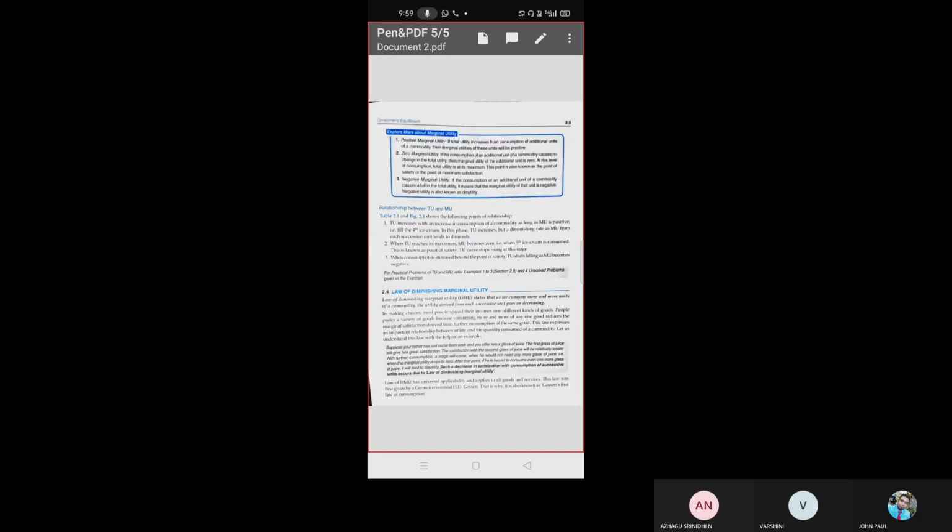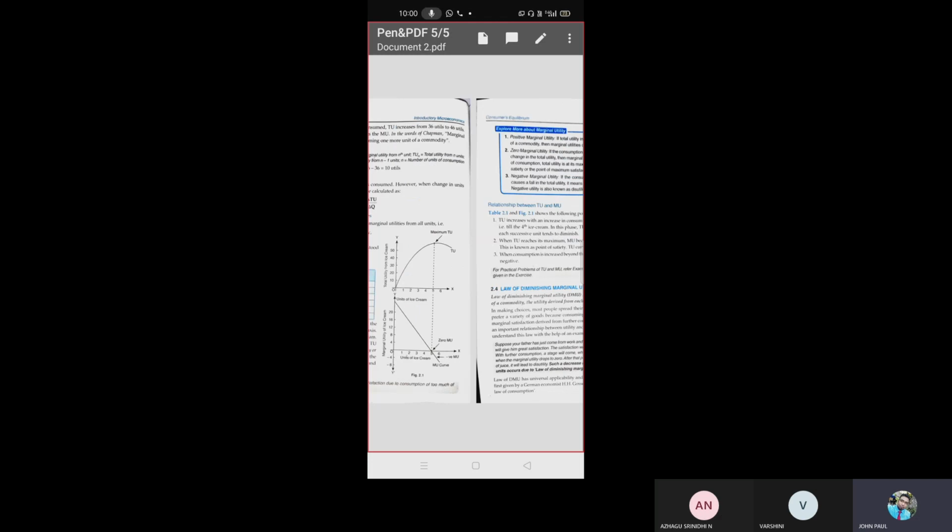Okay, any doubts? Whatever I discussed is here: when total utility reaches maximum, marginal utility becomes zero. Whatever the graph says, I have just explained. Any doubts? Let me give you some time. You can read this concept.